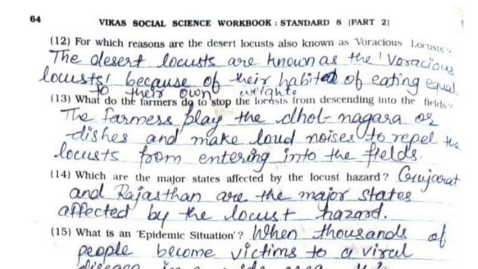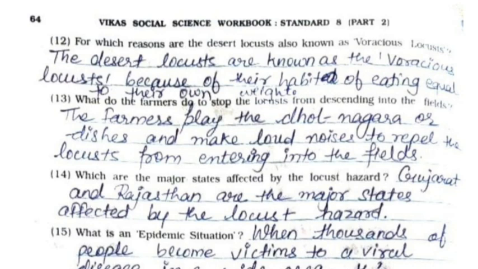12th one, for which reasons are the desert locusts also known as voracious locusts? The desert locusts are known as the voracious locust because of their habit of eating equal to their own weight. 13th, what do the farmers do to stop the locusts from descending into the fields?